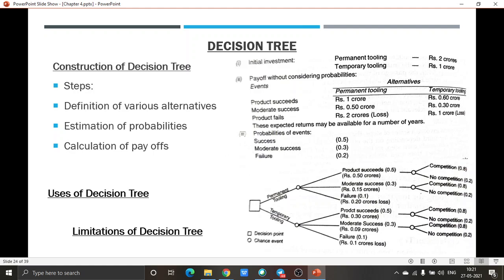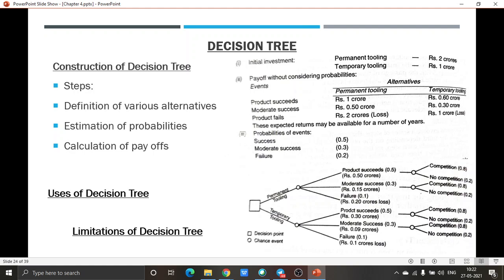If it succeeds moderately, then the company is going to get a payoff of, sorry, 30% of 1 crore or 30 lakhs. And if the product fails, the entire investment of 1 crore shall be lost.